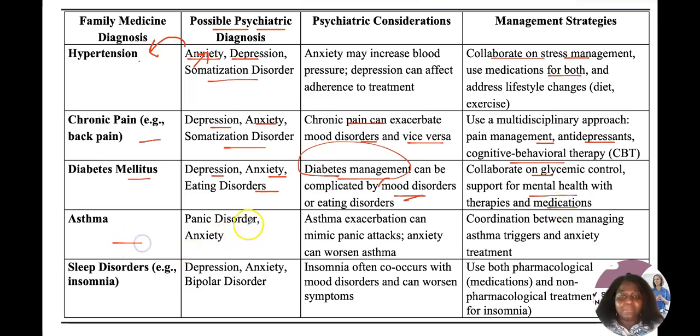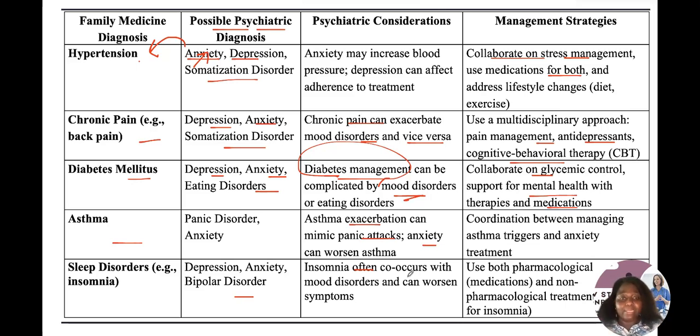What about asthma? Panic disorder, anxiety. Asthma exacerbation can mimic panic attacks. Anxiety can worsen asthma. So coordinate between managing asthma triggers and anxiety treatment. What about sleep disorders? Depression, anxiety, and bipolar disorder. Insomnia often co-occurs with mood states and mood disorders. It is either hypersomnia or insomnia when it comes to depression.